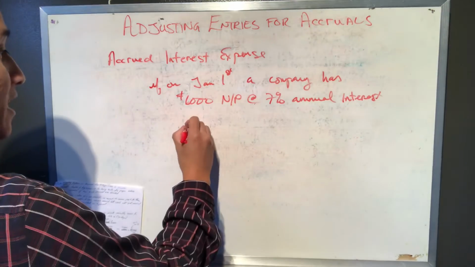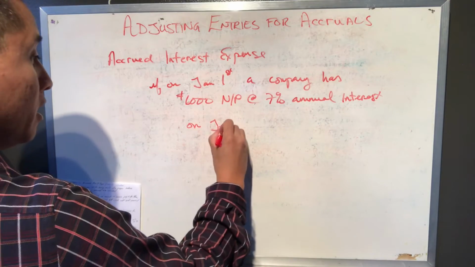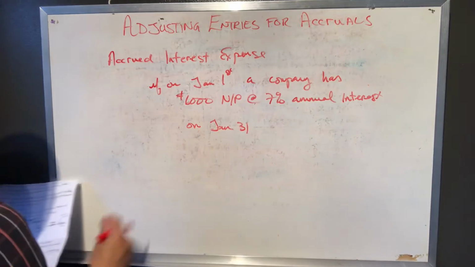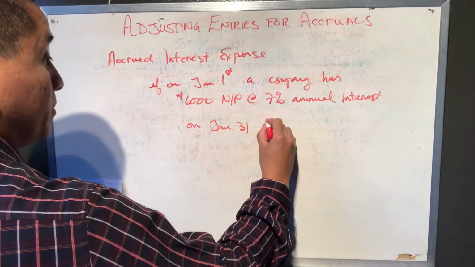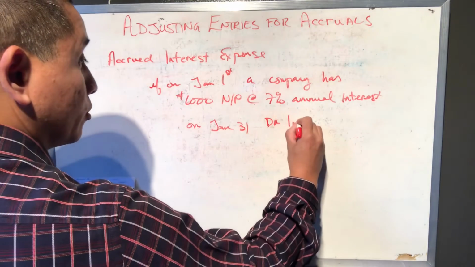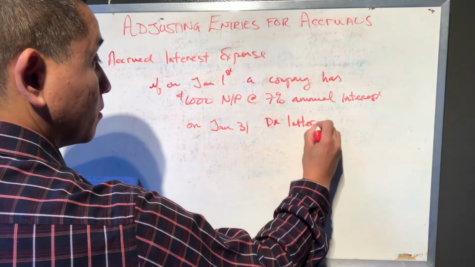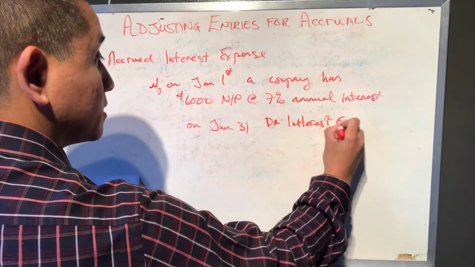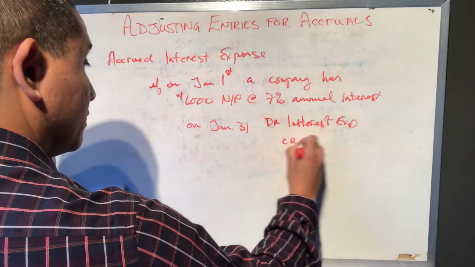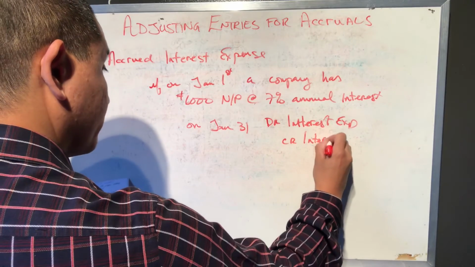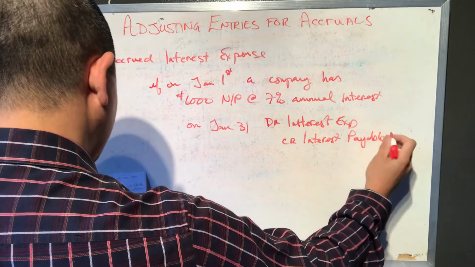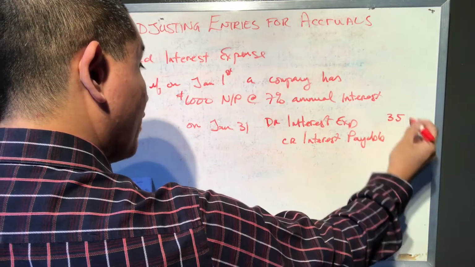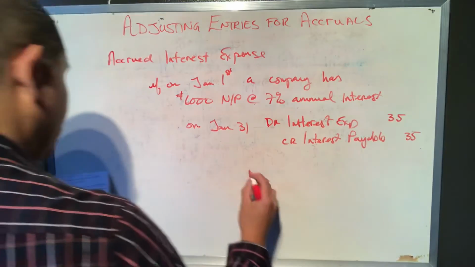Then let's say on January 31st, what would be the amount that we have to recognize that has elapsed? So it would be debit interest expense, credit interest payable. So that would come out to $35 in this case. How did we come out to that?